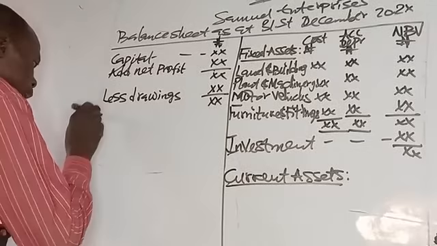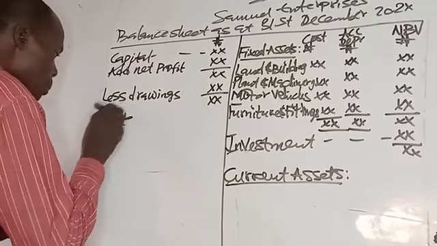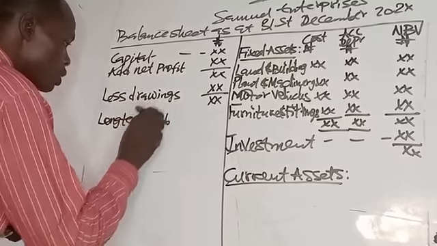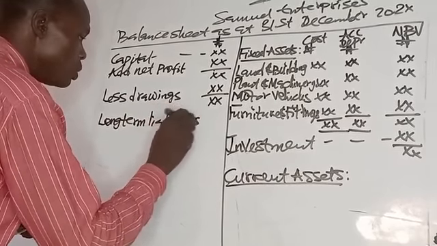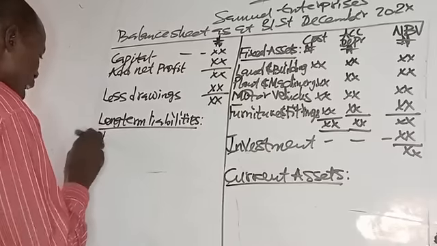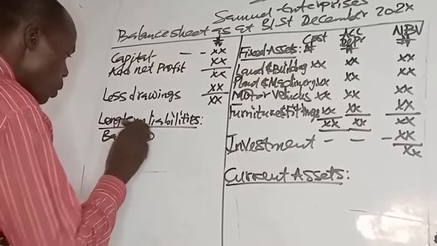Then you have long-term liabilities, which include bank loans.